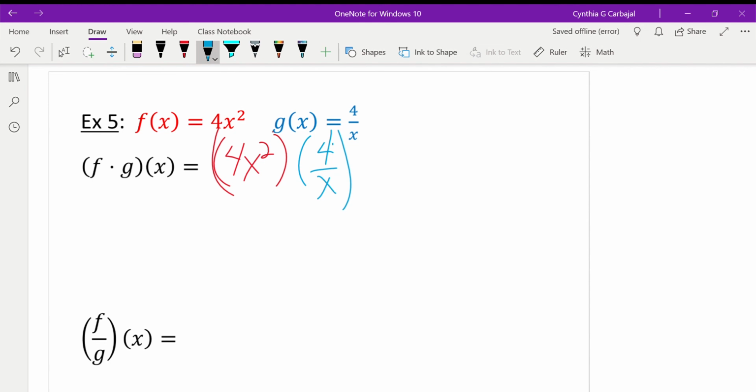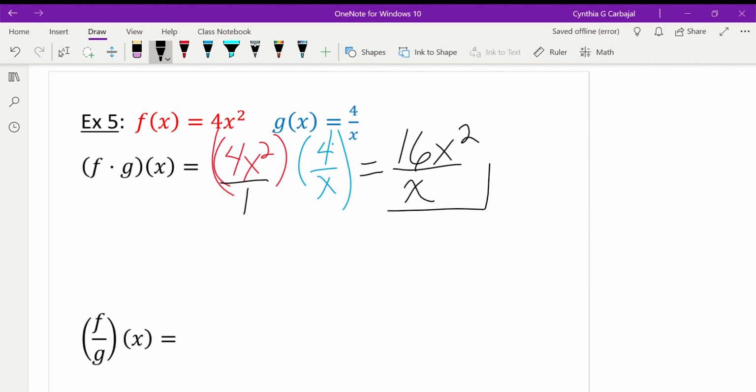So in order for me to multiply these easily, I'm going to put a 1 over the 4x squared. That way I can focus on multiplying numerator with numerator. So 4x squared times 4 is 16x squared. And then denominator with denominator, which is x.